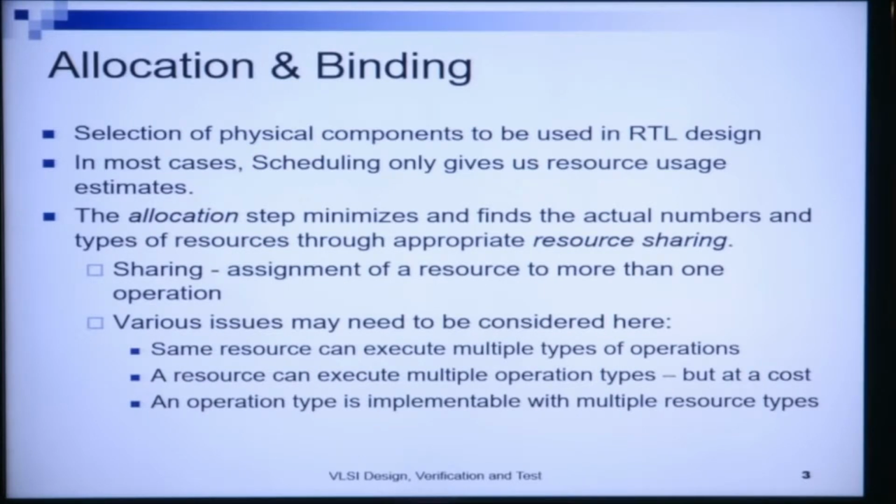Now, the work of the allocation step is to minimize and find the actual numbers and types of resources that will be required, and this will be done via appropriate register sharing and resource sharing. What is sharing then? Resource sharing is the assignment of a resource to more than one operation.